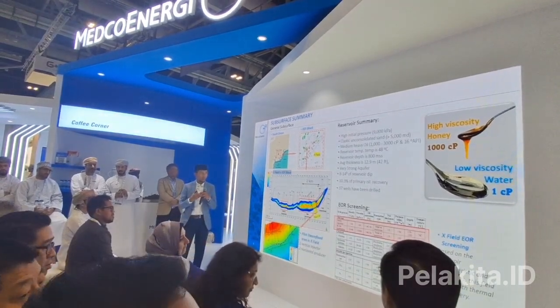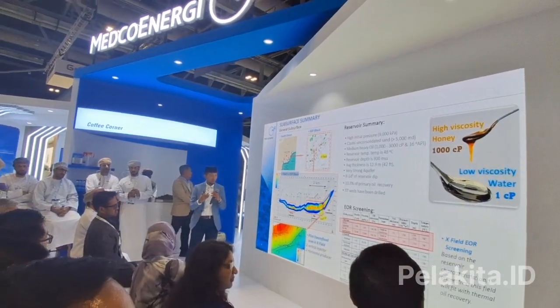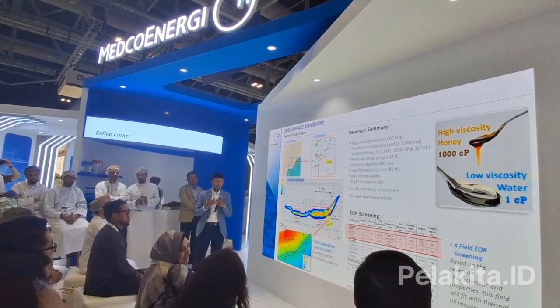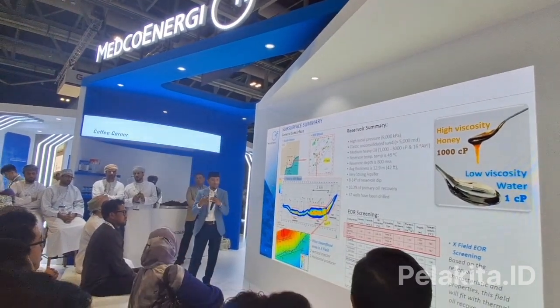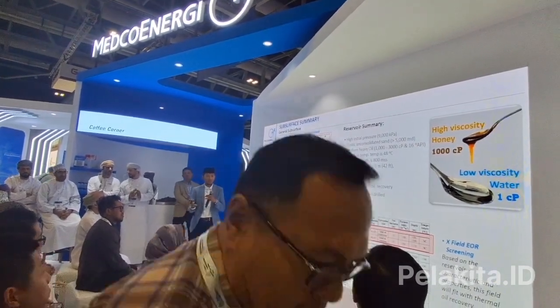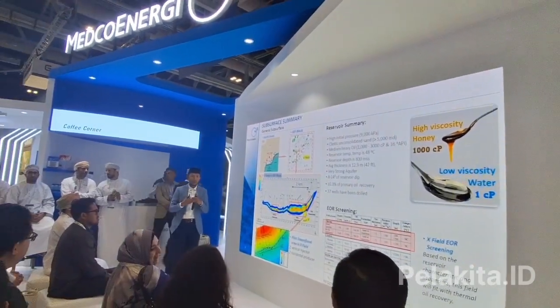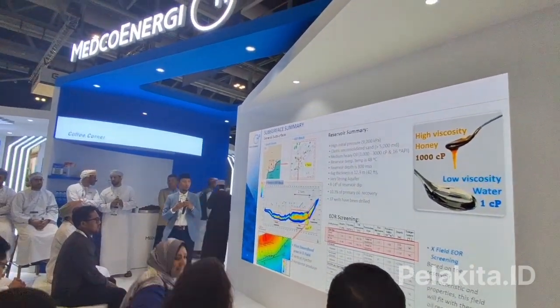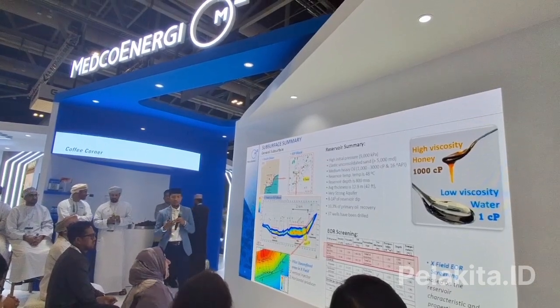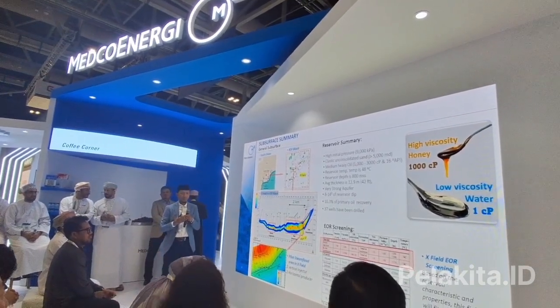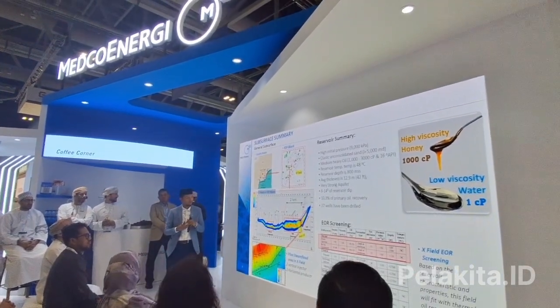For heavy oil that is already quite good, but of course more than 90% of oil remains in the reservoir. So that's why we need to put effort into finding a suitable technology to unlock this 90% of oil in the reservoir.